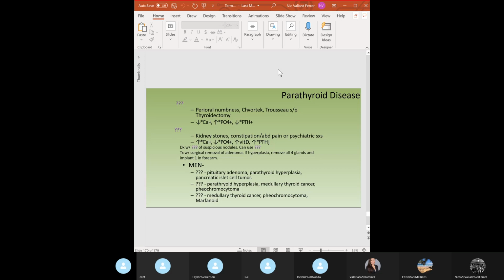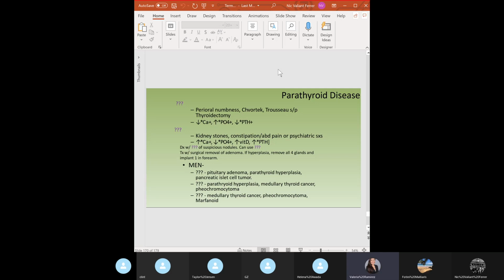A 50-year-old female with parathyroid hyperplasia, jejunal ulcers, and loss of peripheral vision. A, parathyroid carcinoma. B, familial hypocalciuric hypercalcemia. C, MEN1. D, MEN2A.